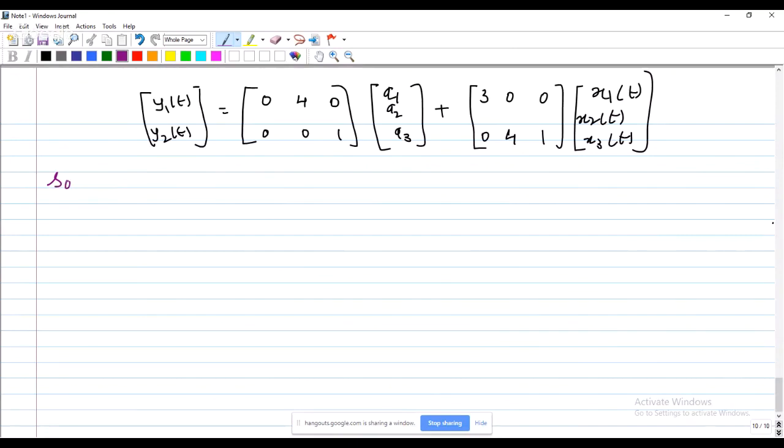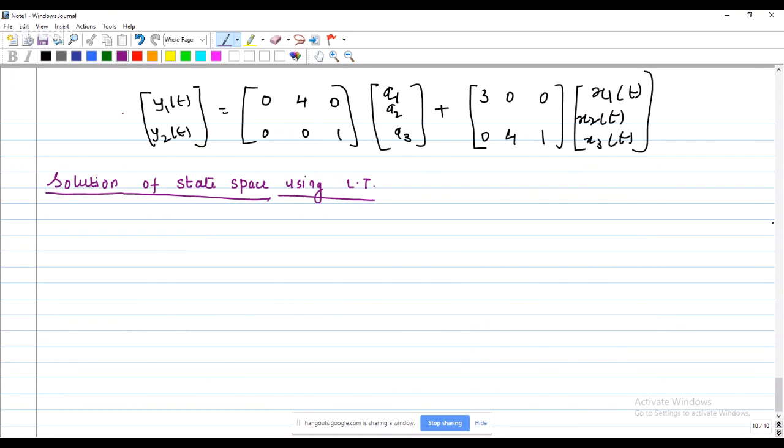Now let us go to the solution of state space using frequency domain analysis. I'll be using Laplace transform because we are doing simple CT systems, so Laplace transform will do.